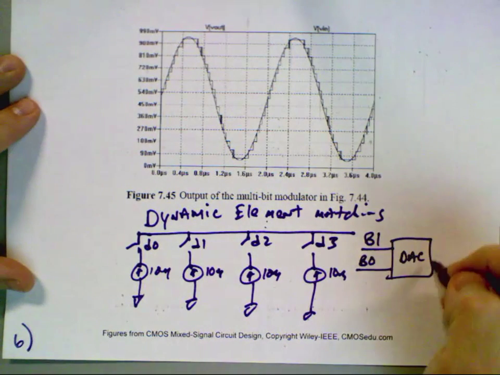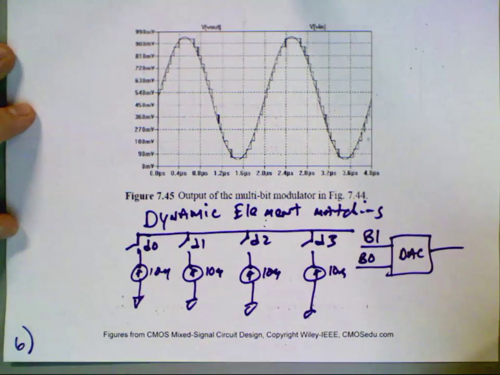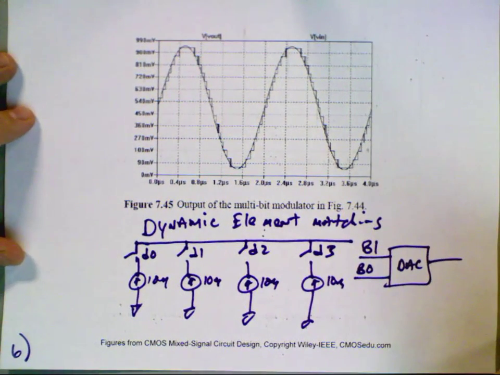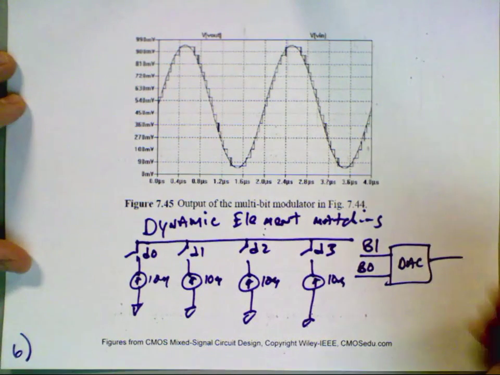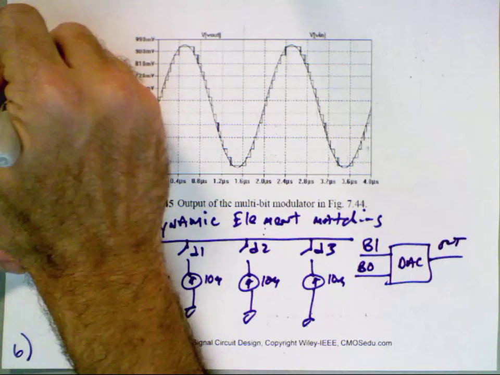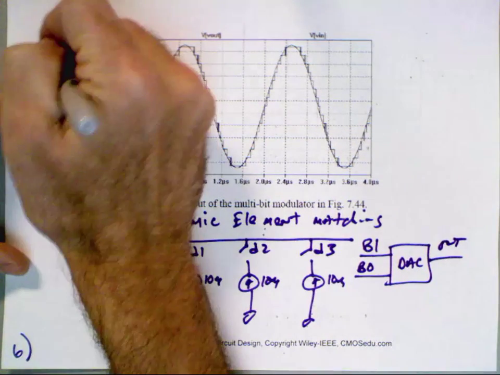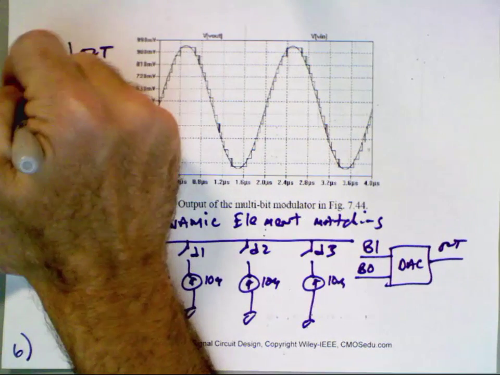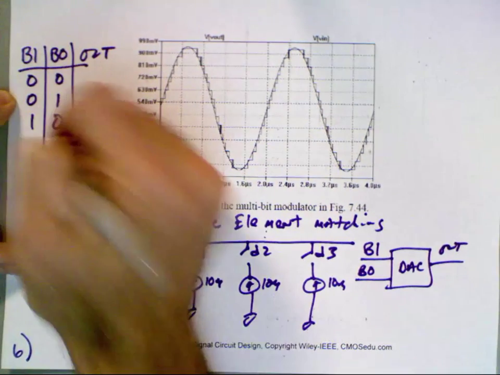Okay, so here's where I cringe, because when I go over this, I went over something similar in my digital class earlier today, and I'm like, they don't know basic digital logic stuff. Okay, so here's what I want ideally. B1, B0, and then out. So I got 0 0, 0 1, 1 0, 1 1.